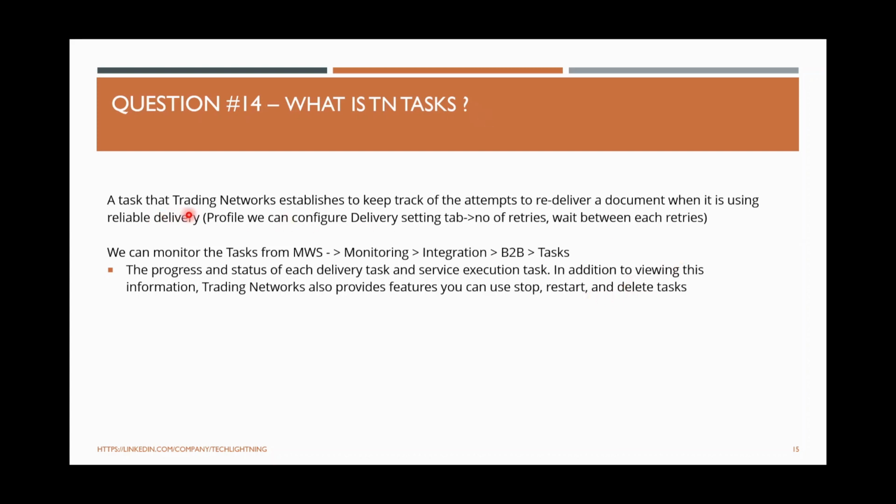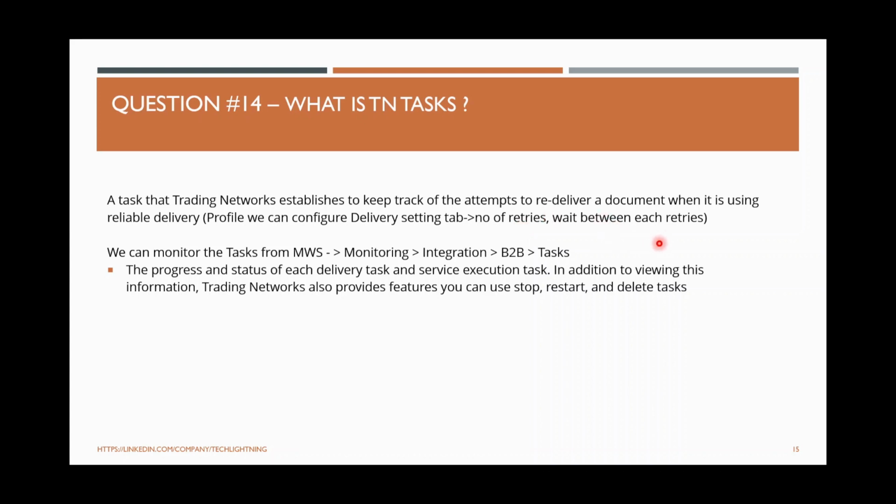So what is TN task? TN task is a trading network entry established to keep track of the attempt to redeliver a document when it is using reliable delivery. For example, in your partner profile, you have configured something called reliable delivery, where you can say if something fails while sending to my partner, what I'm supposed to do. We can configure the number of retries I wanted, and the wait between each retry.